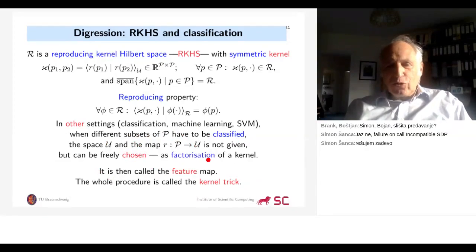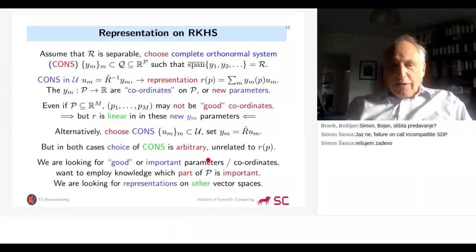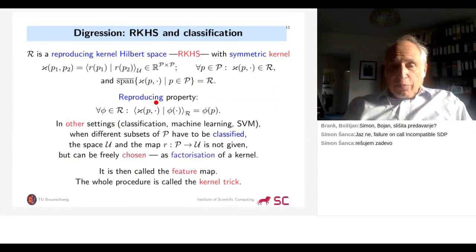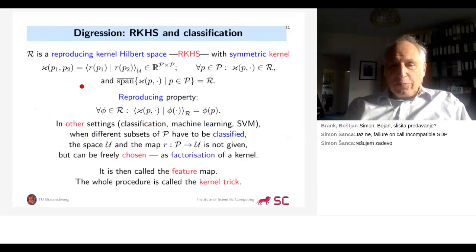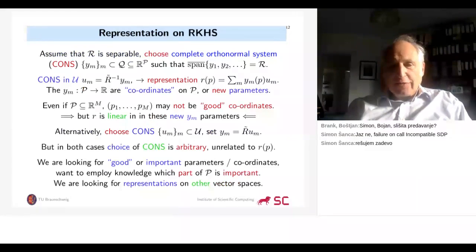And the whole procedure is called the kernel trick. I think you're going to see that now. And for us it's important that we can use this reproducing kernel Hilbert space already to represent our function R of P, our vector-valued parametric object. In our case, a random variable.